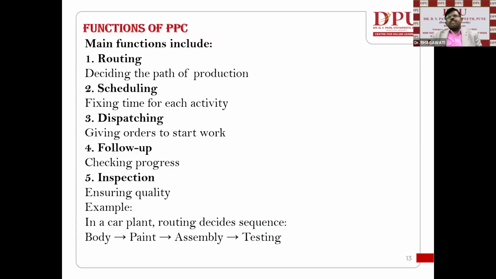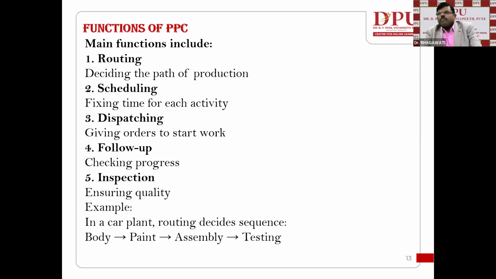So what are the functions of PPC? A very important aspect. One is routing. Routing is nothing but routes, the path of production, the same as routes in transportation when you want to move from one place to another, there are so many routes. Same here: deciding the path of production.